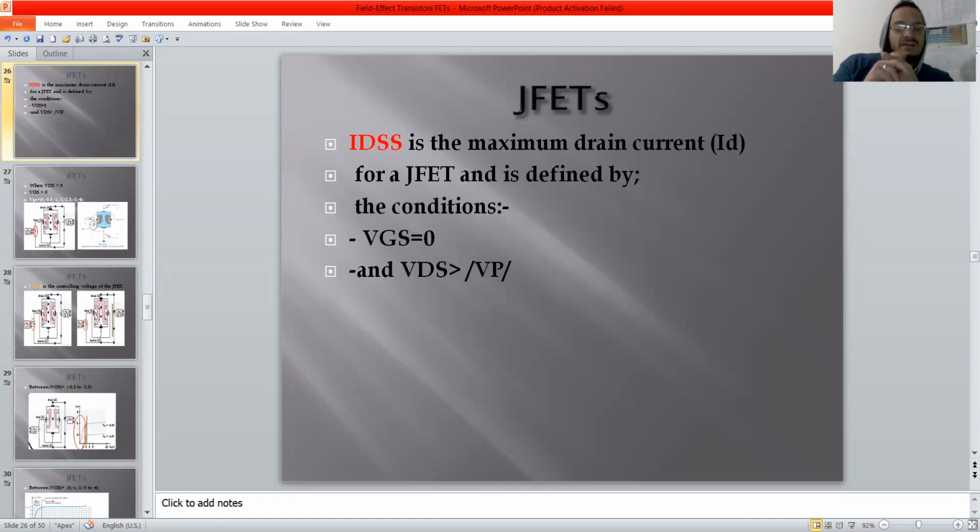We are done with understanding the IV curves when gate source equals 0 or is more negative, and when VGS equals 0 or more positive. And we studied all the important information about when it is at 0 bias.